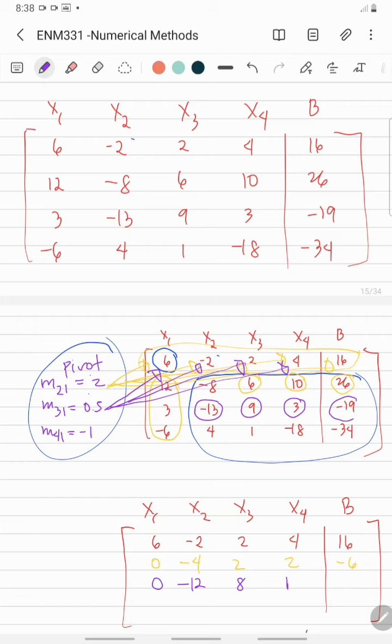Then negative 19 minus 0.5 times 16, so equal to negative 27.